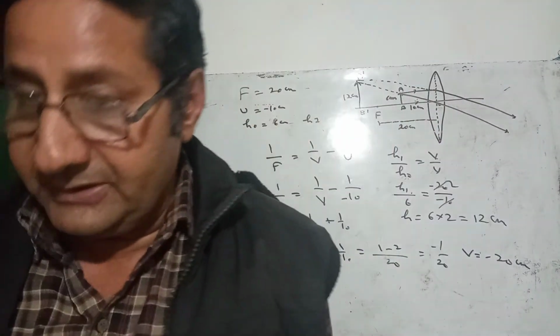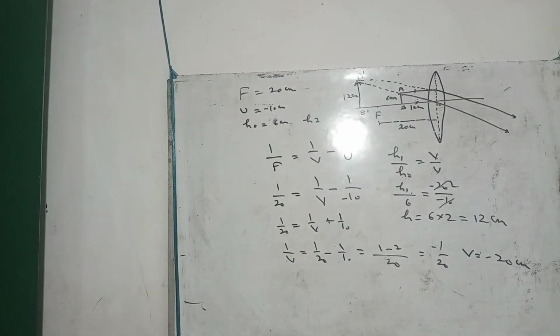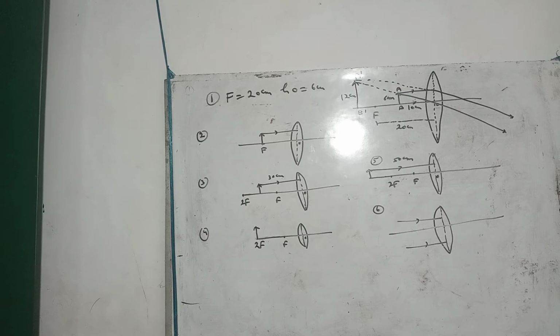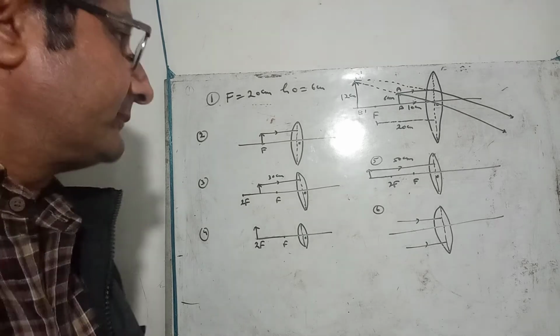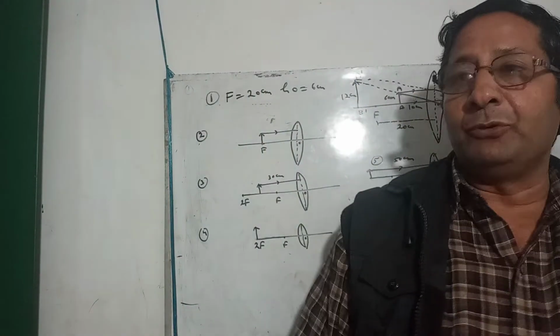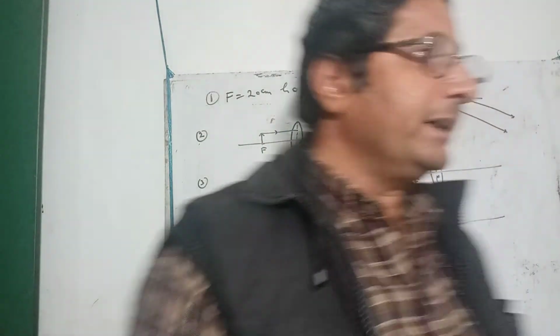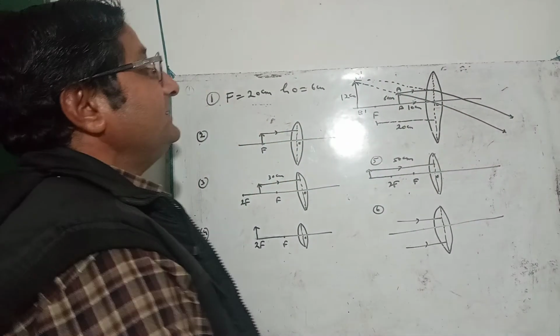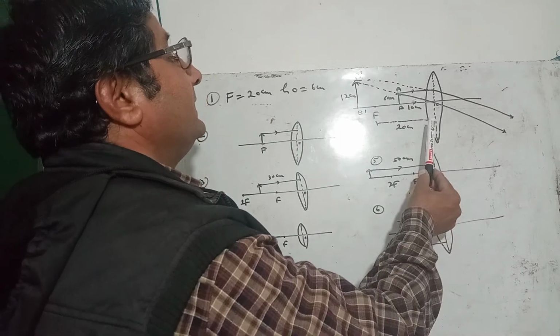These are the cases in which the image will form. Now these are 5 different positions where the object is placed in front of the lens.